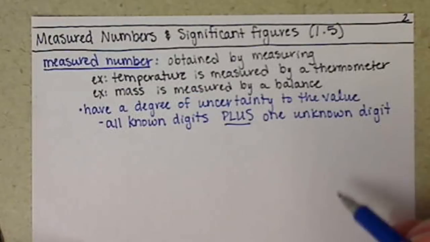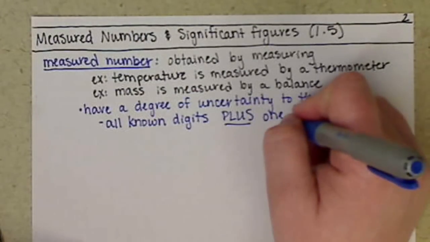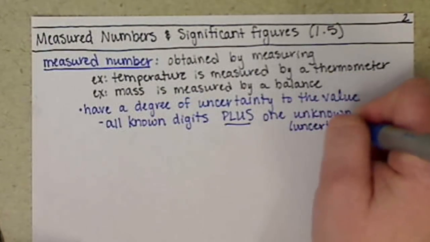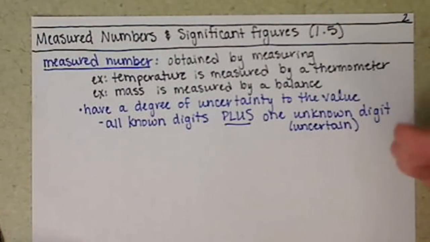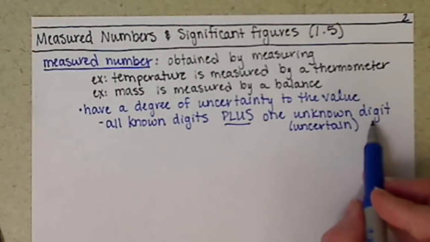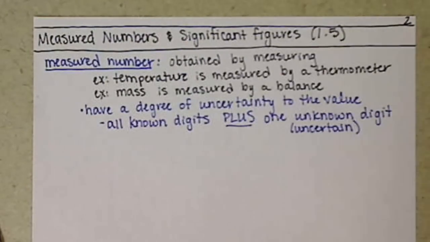Now, unknown might be a little misleading. Basically, this is an uncertain digit. This is where our variance is going to be, from person to person, instrument to instrument, electronics to electronics. The last digit in a measured number is going to be one that has some flex to it.